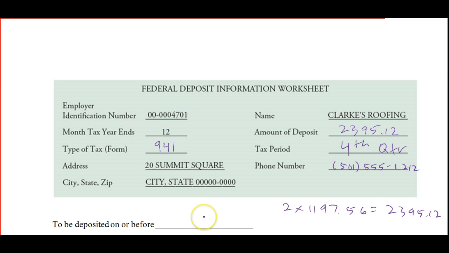And this will be due on or before November 15th of 2013, because it's due the 15th of the month following.